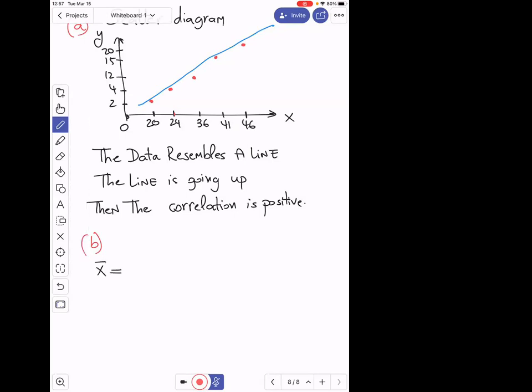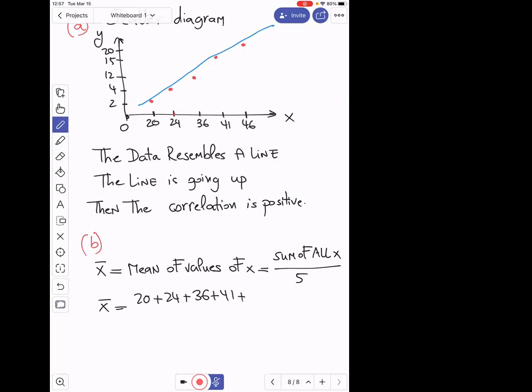So X bar is the mean of the values of X. In other words, you need to take the sum of all X's over the number of X's. Here we have 5 values, right? So your X bar would be 20 plus 24 plus 36 plus 41 plus 46, over 5.